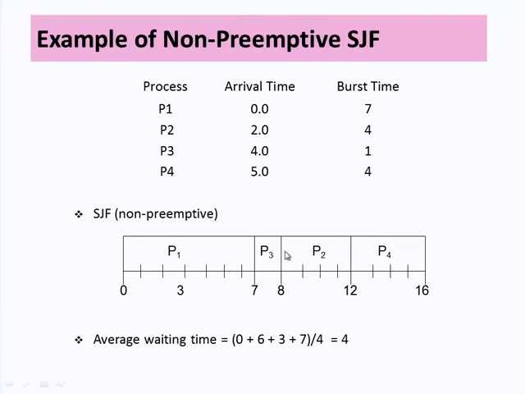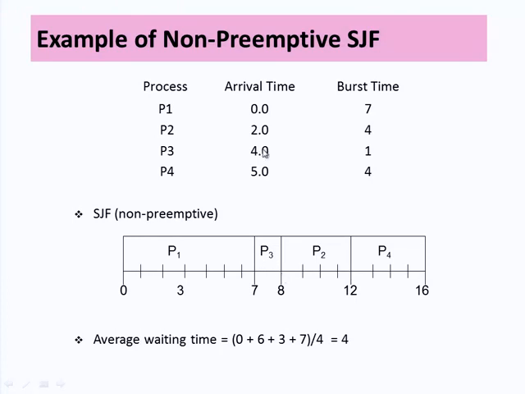So I'll be serving P3. If there are no new arrivals after that, you just serve them based on burst time, and you don't have to keep worrying about the arrival times, because they have all arrived. So now P3 will be served 1 millisecond.